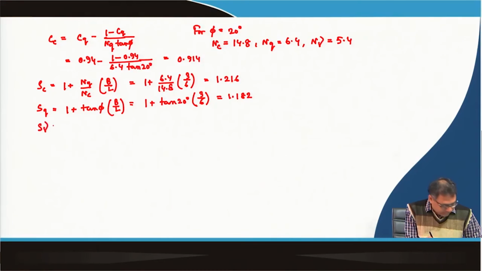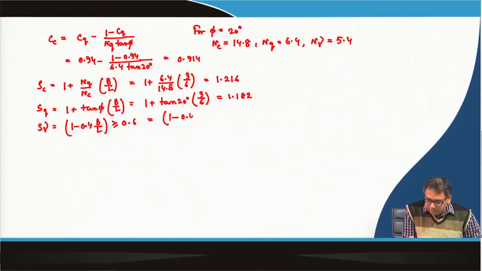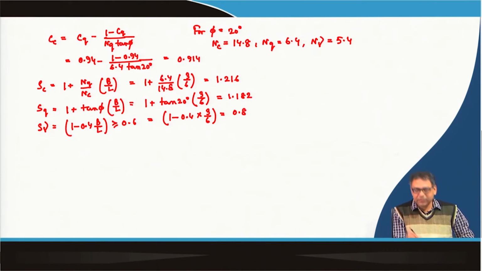Similarly, S gamma is equal to 1 minus 0.4 into B divided by L, that should be greater than or equal to 0.6. So, it is coming 1 minus 0.4 into 3 divided by 6, which is 0.8, which is greater than 0.6. So, we have to consider the 0.8.